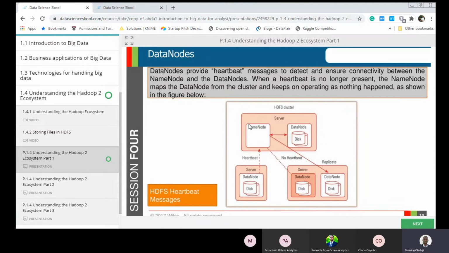It's like an index or a concordance that holds information about all the data that is stored on all of these disks. So maybe everybody from A to F is stored on this data node in this server. This name node has that information, so anytime I'm looking for anybody whose name starts from A to F, I should just go to this data node. That is where I will find it.